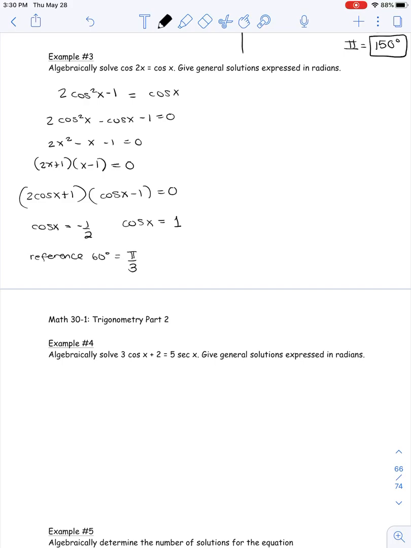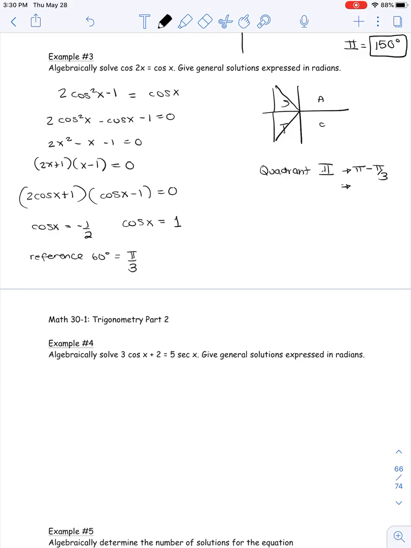So now that you know that that occurs at pi over 3, we're looking at where cos is negative. C-A-S-T, that's going to occur in quadrant 2 and 3. So in quadrant number 2, we're going to have to go pi, subtract pi over 3.